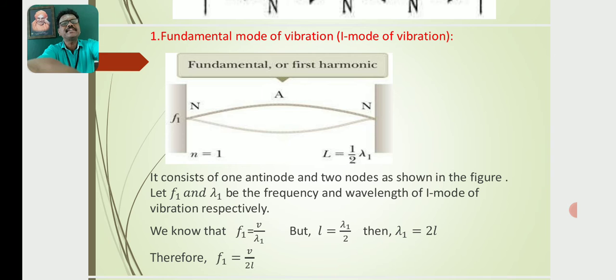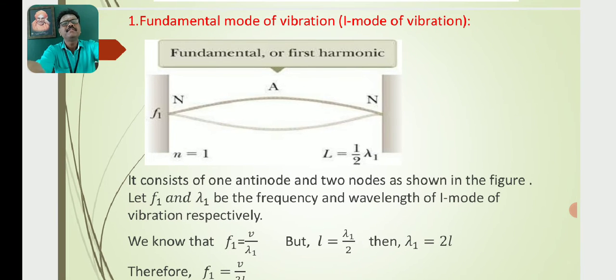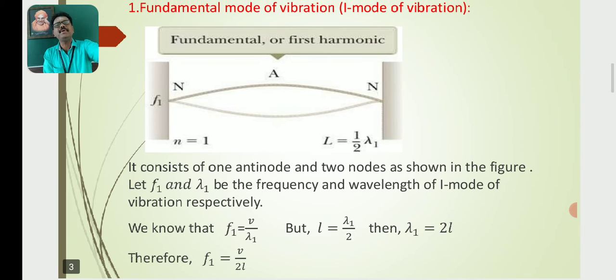Now let us discuss the fundamental mode of vibration. In the fundamental mode of vibration, the system consists of two nodes and only one antinode, as shown in the diagram.